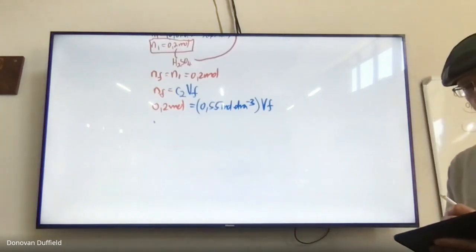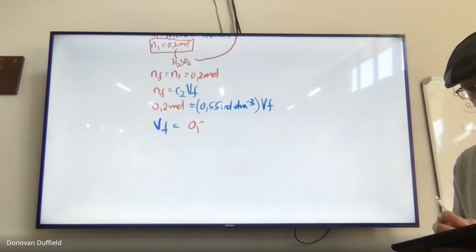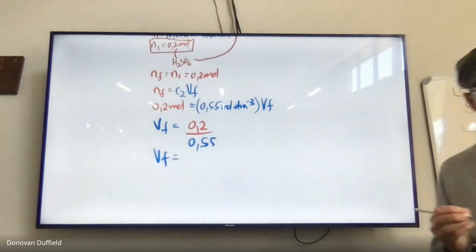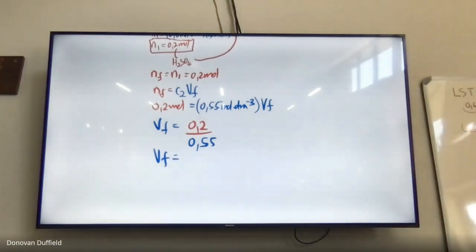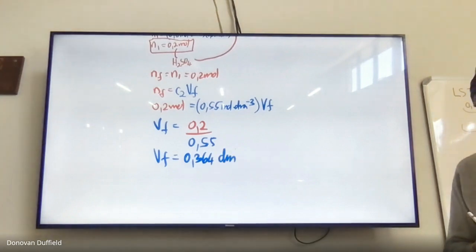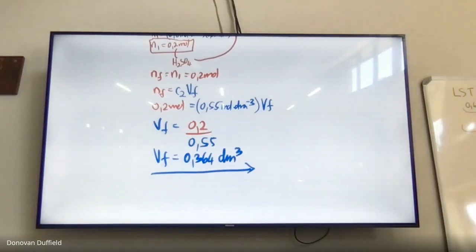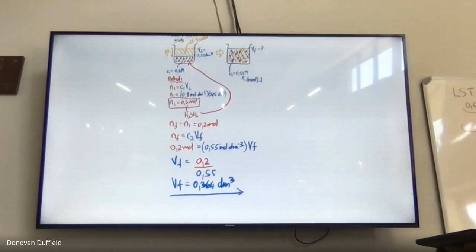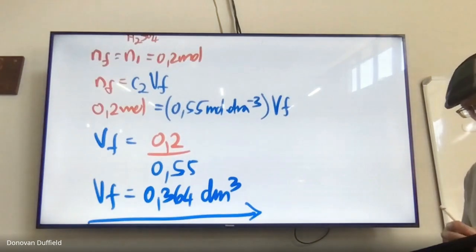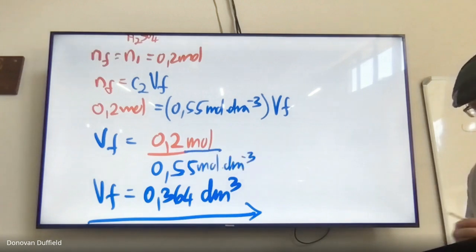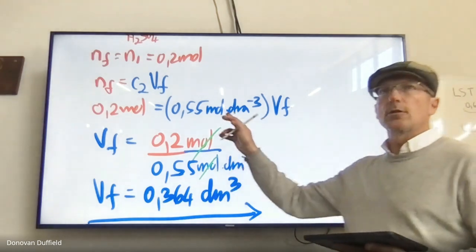So V final is N divided by C2, so V final is going to equal 0.2 divided by 0.55, which gives us 0.364 cubic decimeters. And if you do a unit analysis, you'll see this is mole, and this is mole per cubic decimeter. The moles cancel, and the cubic decimeters to the -3 goes upstairs.